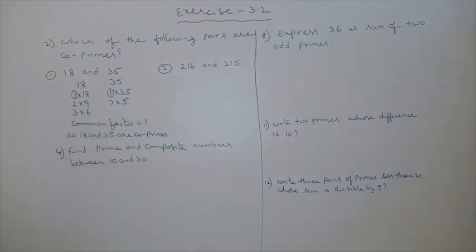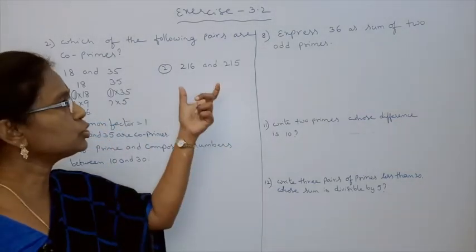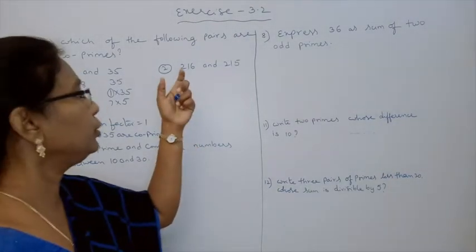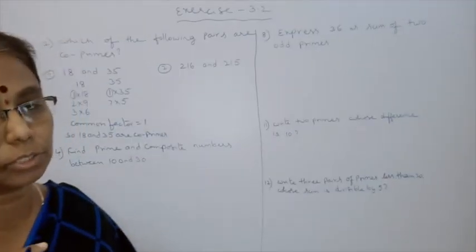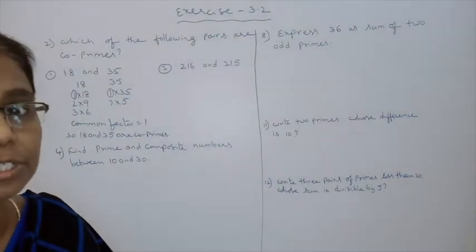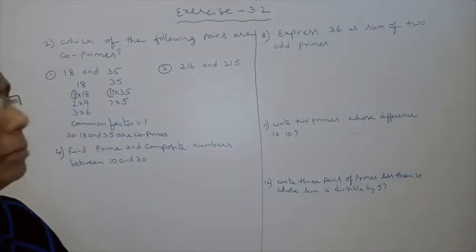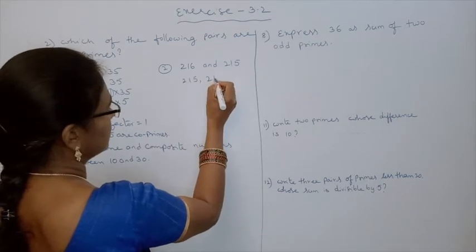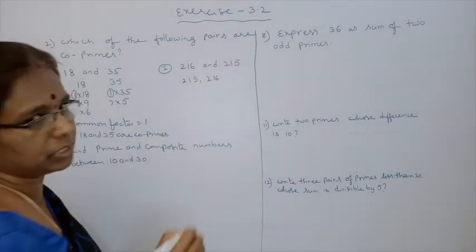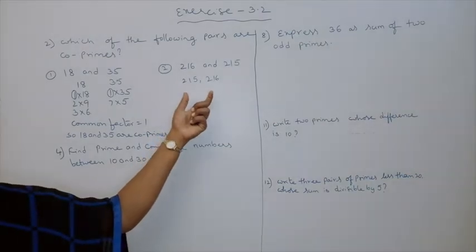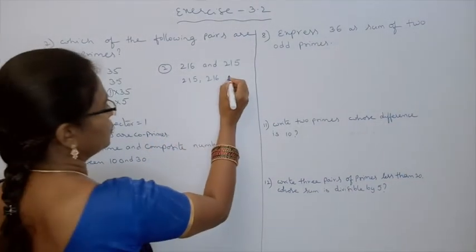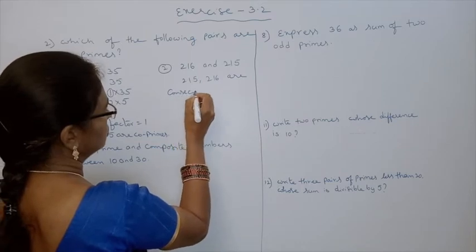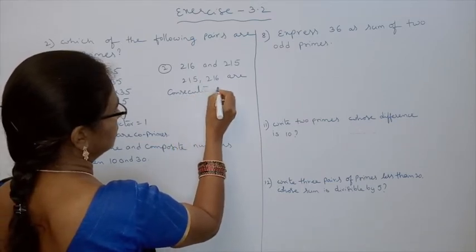Next, 216 and 215. These two are consecutive numbers. What is the meaning of consecutive numbers? Continuation numbers. Means 216 comes after 215, then we call these two consecutive numbers.